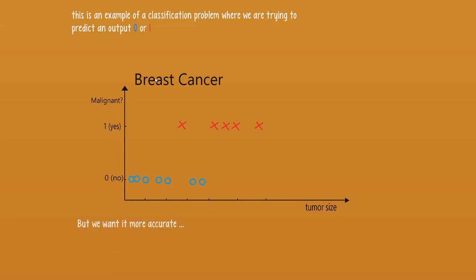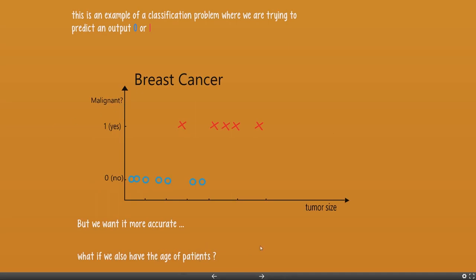But what if, of course it's a health problem, so we definitely want to be as precise as possible. So what if we want to be more accurate in defining whether it's malignant or not? We can simply add more variables, predict yes or no based on more values, not just tumor size, also the age of the patient, for example.